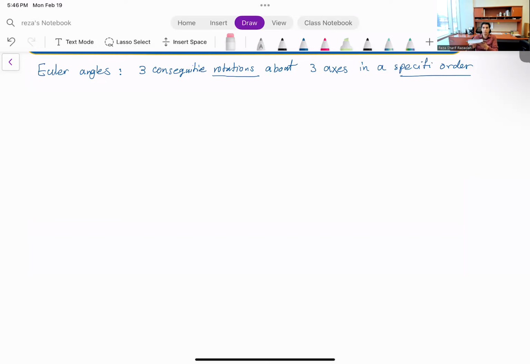So I have this book here, the textbook. Starting with this orientation, I'm going to do 2 rotations. First, maybe about the face, and then about the long axis.